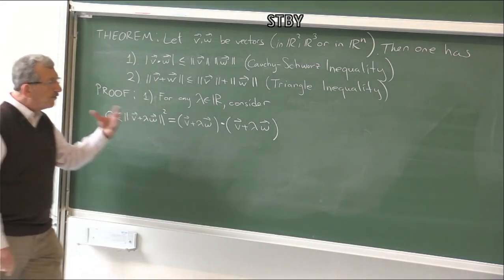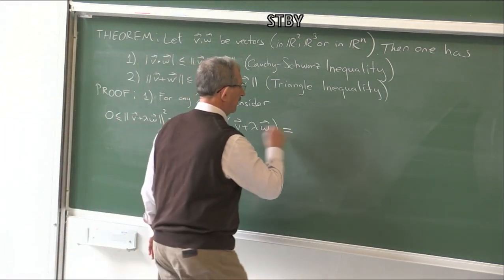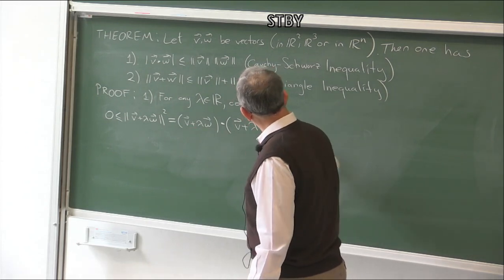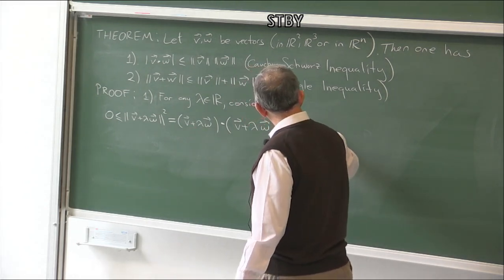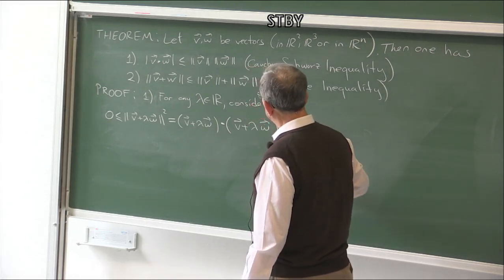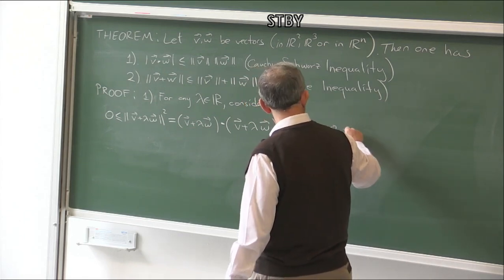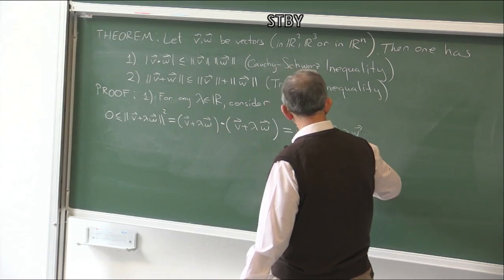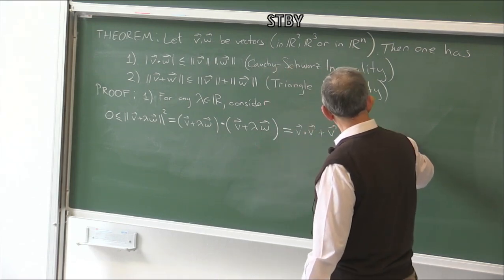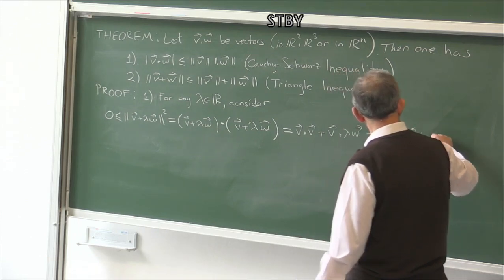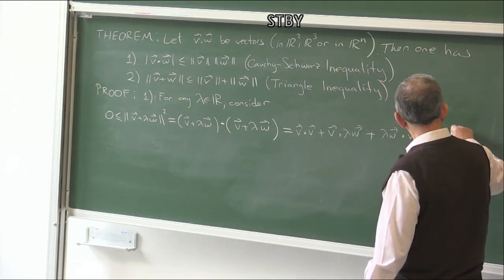Now, using the properties of the dot product, we can distribute. That is, this is v dot v plus v dot lambda w plus lambda w dot v plus lambda w dot lambda w.